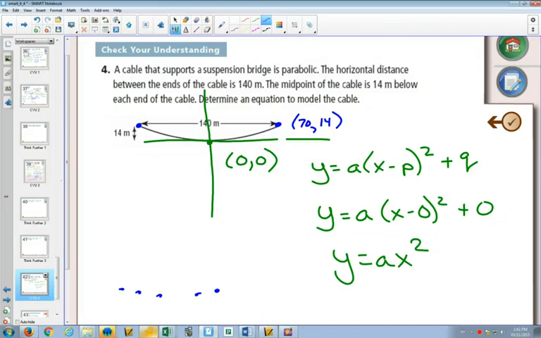Yes. Because you would go 70 to the right if the whole thing was 140 and 14 up. And this one would be 70 to the left and 14 up.